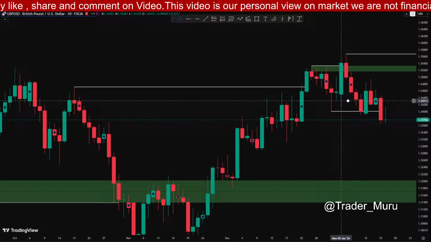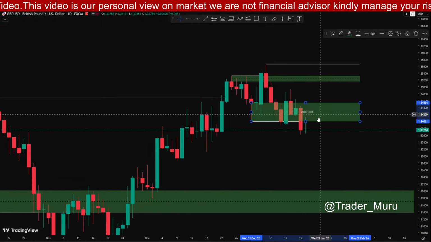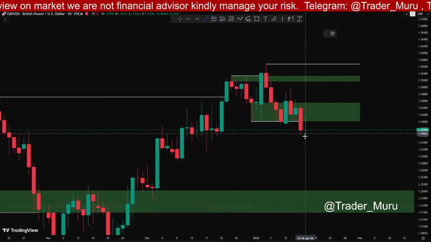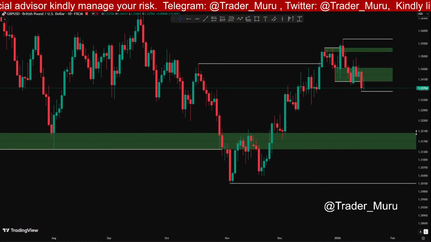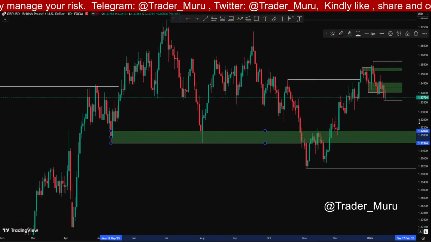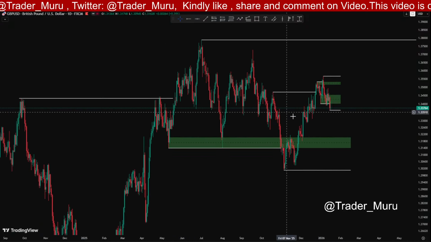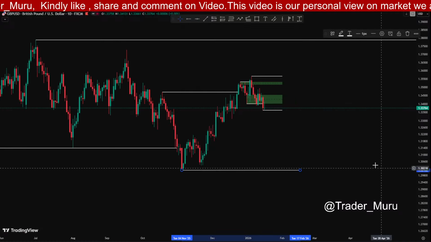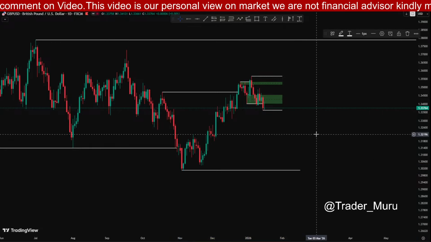This is our big zone from where price can again drop. After that, price will again pump, test these areas and drop, and our first target will be this recently created low. After that, this area, green zone, and the main target for GBP will be this area around 1.30.